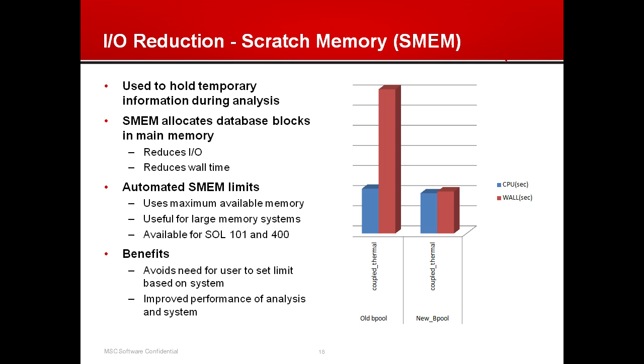So in the last release of Nastran 2012 and in the upcoming release of MSC Nastran 2013, we're better utilizing the memory available. And so we're reducing the amount of I/O time, which reduces the amount of wall time, and we're making more effective use of the CPU time.